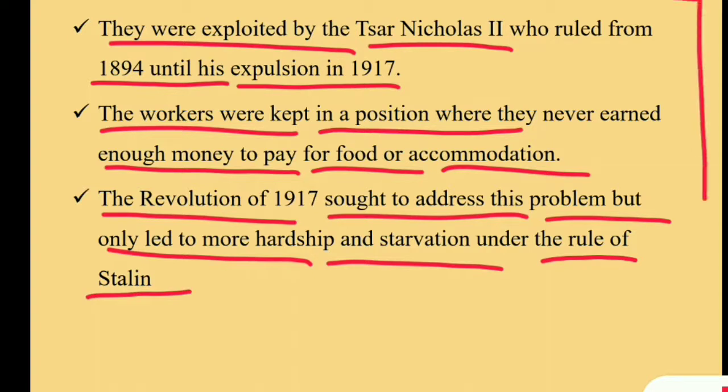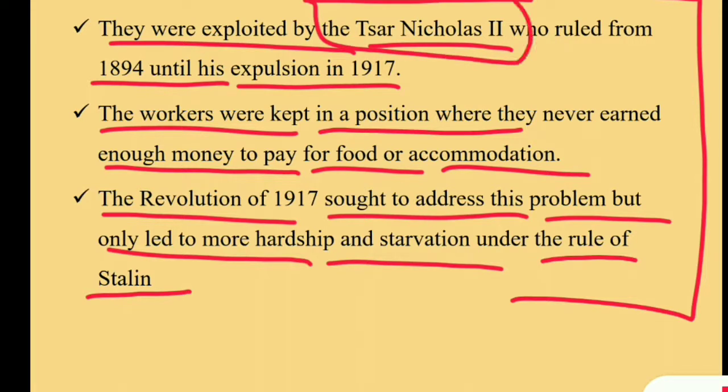So here the people in Russia were already troubled by Tsar Nicholas II, and people thought that after throwing this ruler out, they were going to have prosperity. But the contrary happened, and under the leadership of Stalin, the situation became worse.